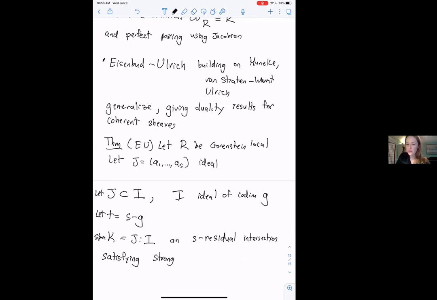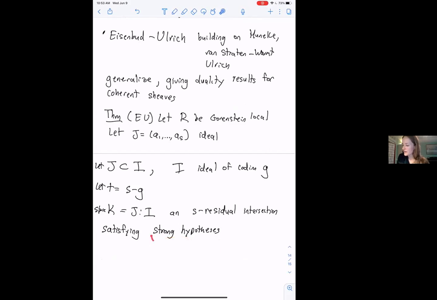And there's quite a bit of flexibility about the hypotheses. This is the combination of asking that you have a lot of regular sequences, or that the number of generators of I, when you localize at any prime P of codimension less than or equal to S minus 1, the number of generators of I_P is less than or equal to the codimension of P, which gives some nice sequences and some more mysterious depth conditions on R over I^(j+1) that give you that this will be Cohen-Macaulay.